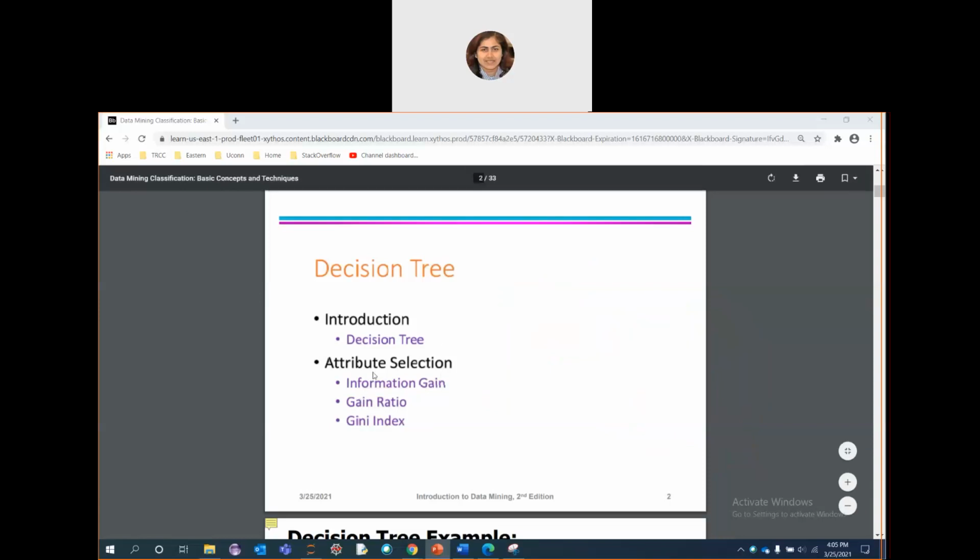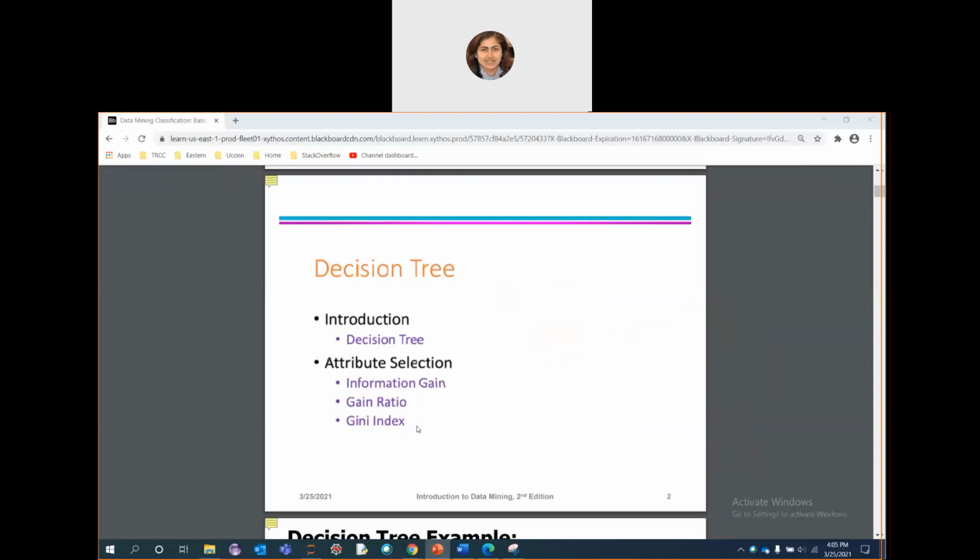We are going to see some of the criteria or methodologies for attribute selection in a given data set. If you are given data and you need to make some classification using a decision tree, then for making that decision, you need certain measures or criteria, and those measures are information gain, gain ratio, and Gini index.